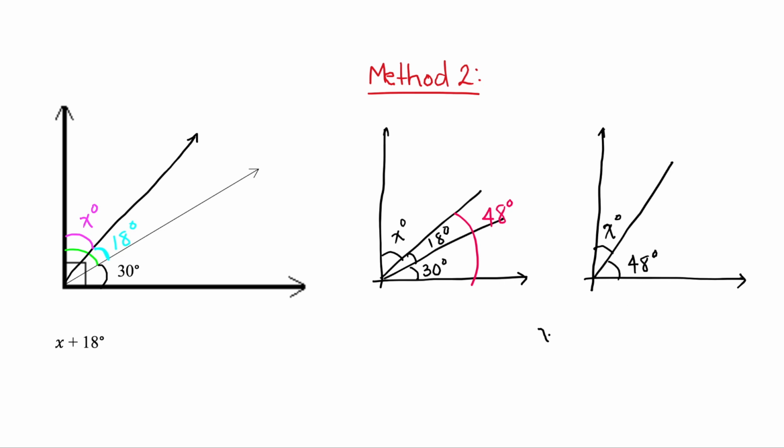Why? So x equals 42 degrees because 48 plus 42 degrees is equal to 90 degrees. Okay? And that's my answer.